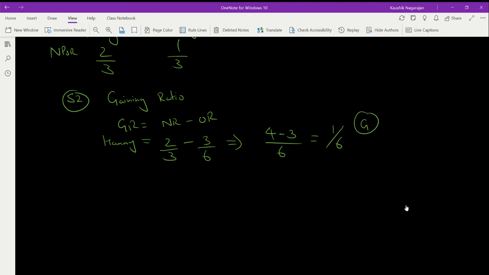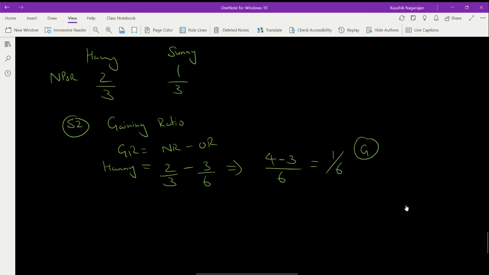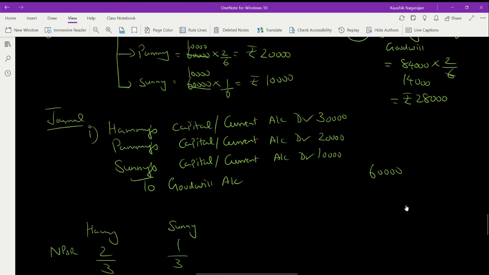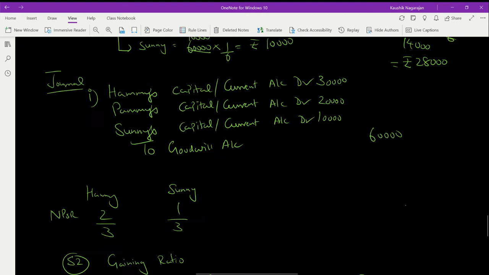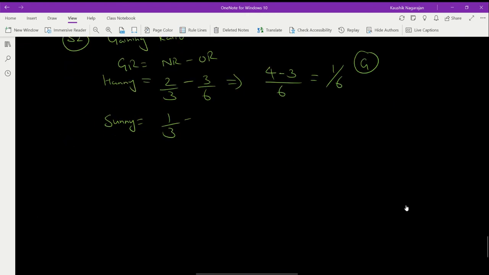Similarly, calculate for the second partner, that is Sunny. For Sunny, it's going to be 1 by 3 minus what was his old ratio? Old ratio was 1 by 6. So 1 by 3 minus 1 by 6. Thereby, again 6 is LCM. 3 into 2 and 1 into 2, 2 minus 1.